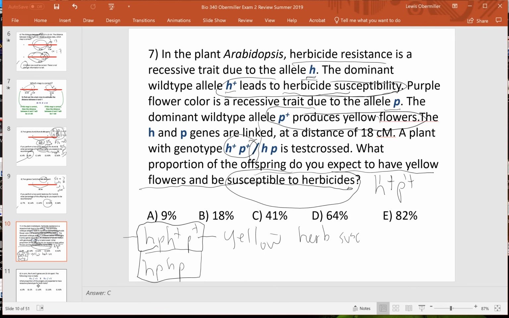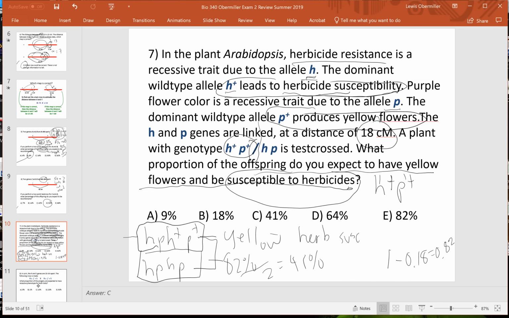All right. So it's 18 centimorgans apart. So we would expect these gametes would be produced at a rate of 1 minus 0.18, which is 0.82. So 82% should be this. And then we can divide that by 2, which would give us 41% for this trait.